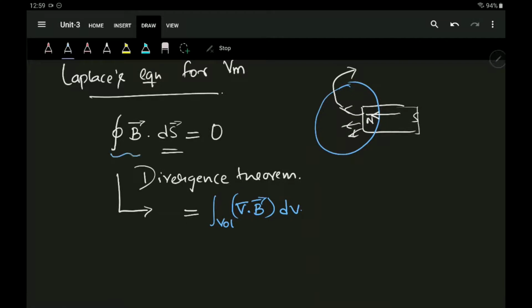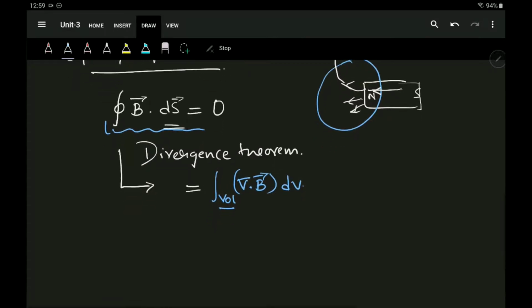I'm converting the surface integral to a volume integral. This should now be equal to 0, right? The surface integral is converted to the volume integral, but this volume integral should now be equal to 0.